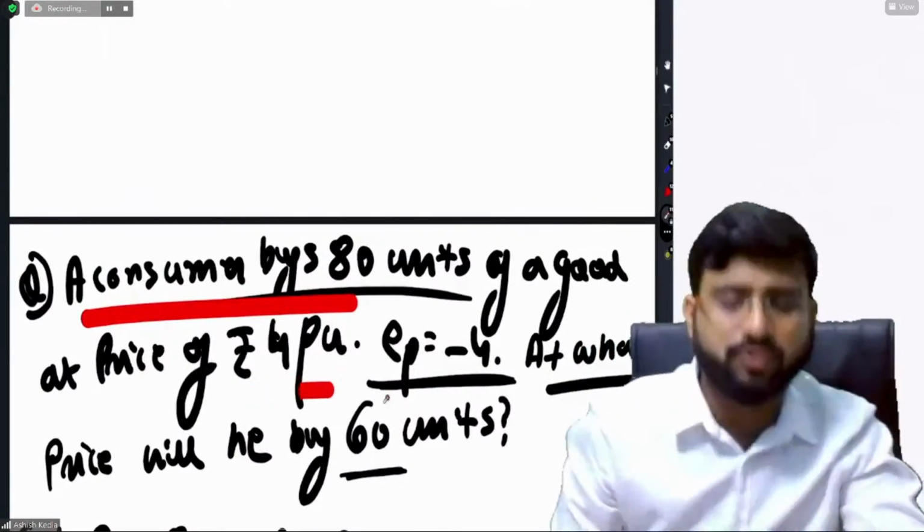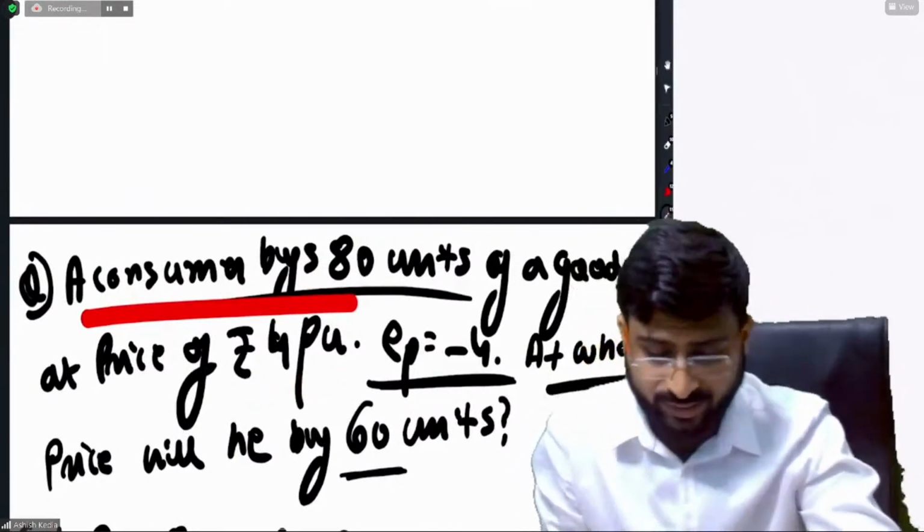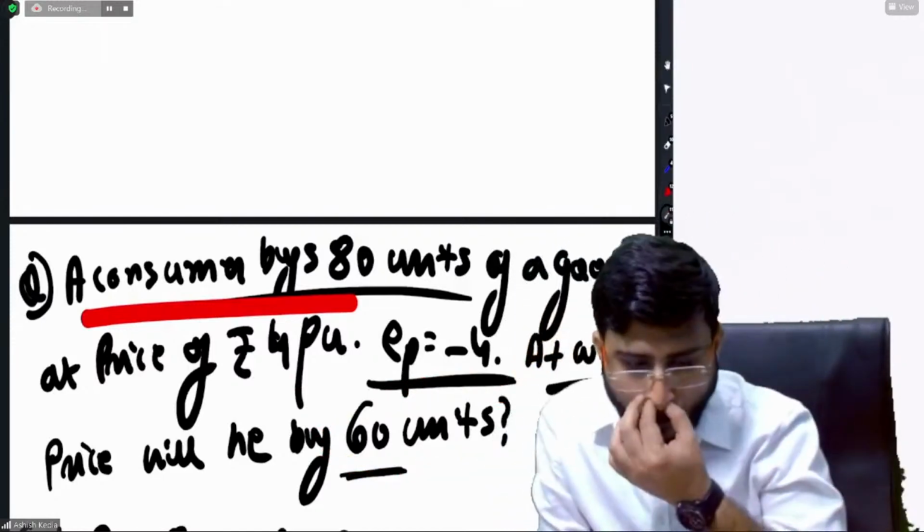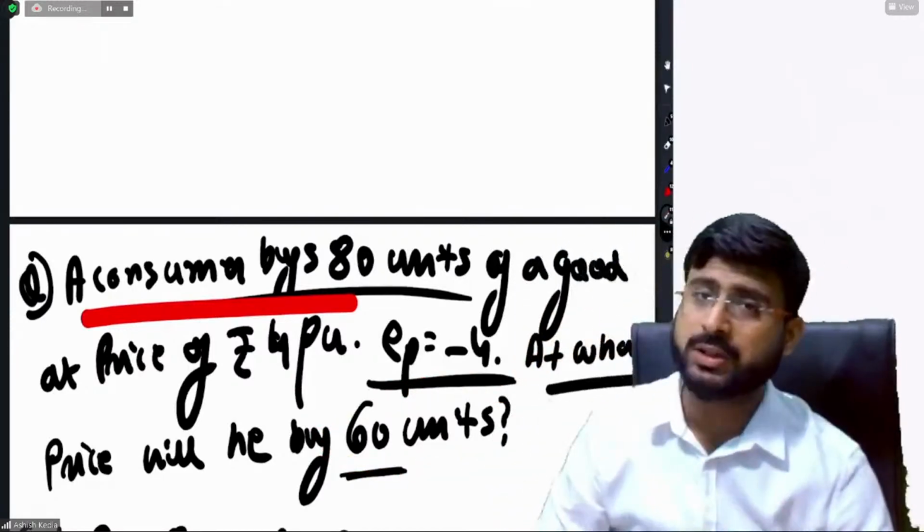This is the old price, rupees 4. What is the new price where he will buy 60 units? I have given you all the time to solve.